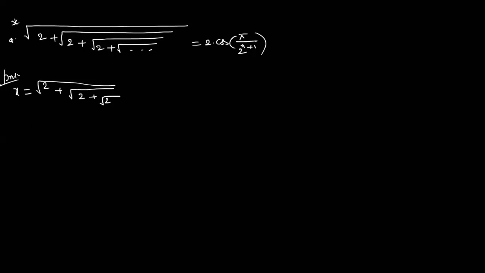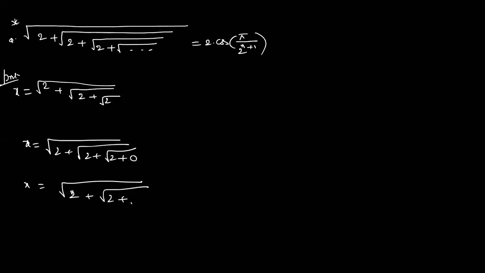See carefully, x is equal to root over 2 plus root over 2 plus root over 2 plus 0. Any objection? This one I can write. So in the place of 0, I can write 2 into cos of pi by 2.